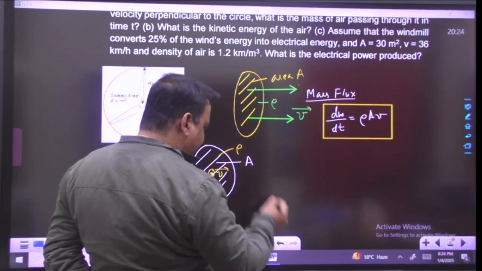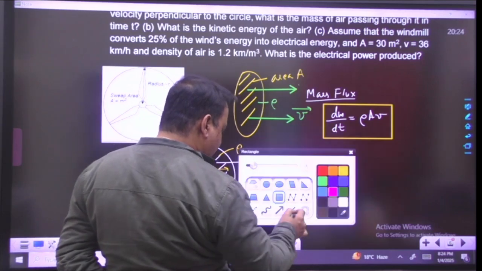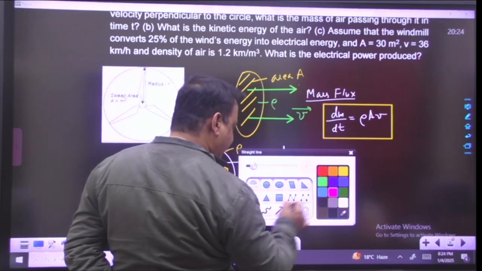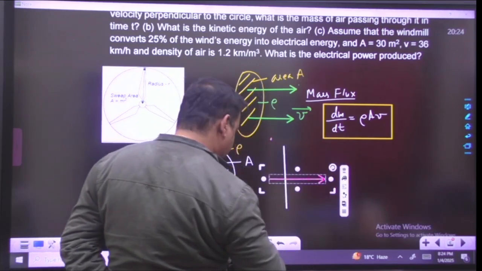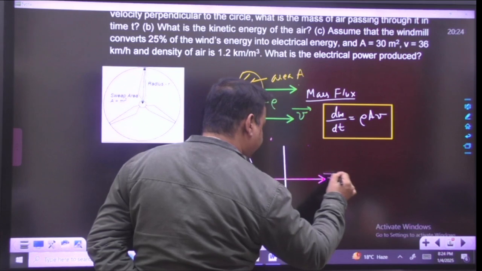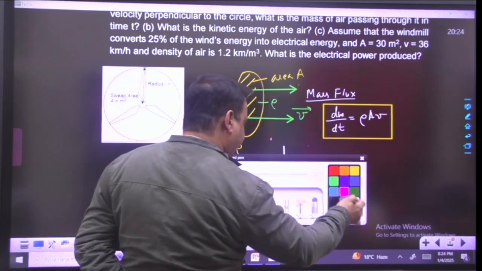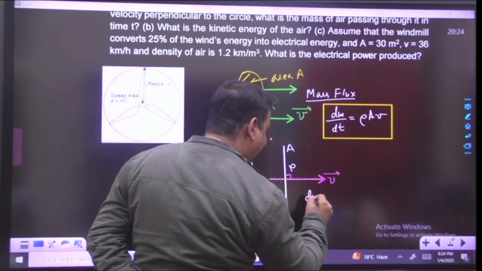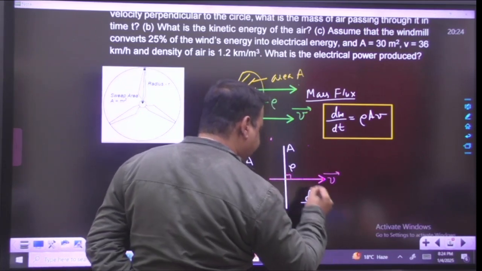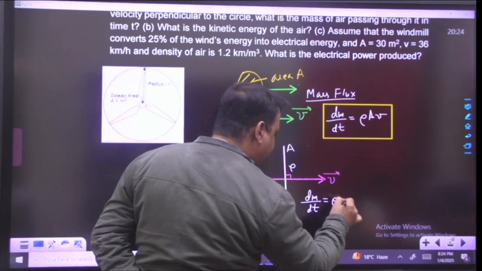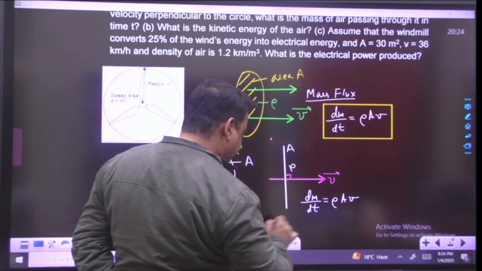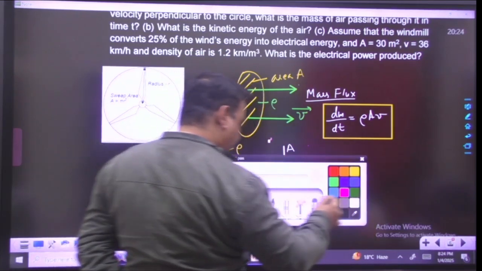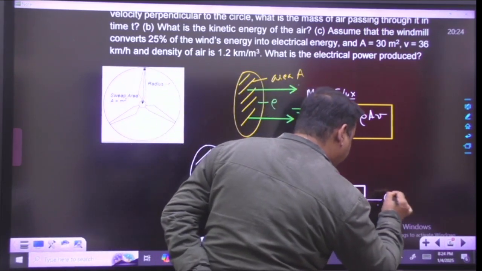If you see the side view, you will see the surface like this, and the wind has a velocity vector v, and the surface area is A, the area of the circle, and the density is rho. So the mass of the wind coming per unit time, that is the mass flux, we are importing this knowledge of fluid mechanics. This will be rho A v, correct? Let it be equation number 1. This is the mass crossing the circular area in unit time. Got it?